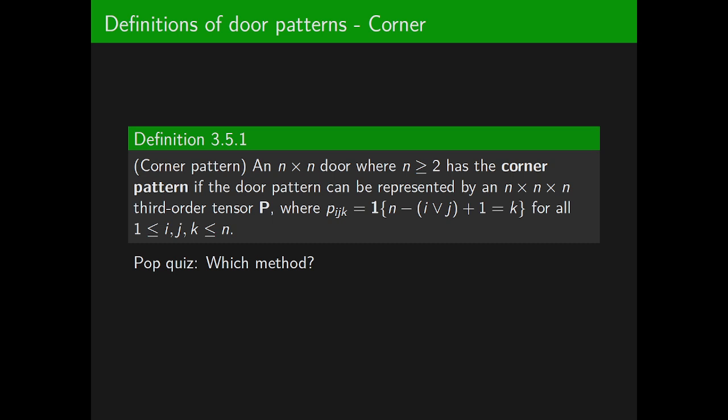Which method? I'll give you a few seconds. The answer is quite simple. This is method 2, because we say it's a function of i and j, and then it's equal to k. And this is definitely not case defined for k. If it were case defined for k, you would see Pij1, Pij2, but here it's just Pijk, a general equation for k. So method 2, of course.